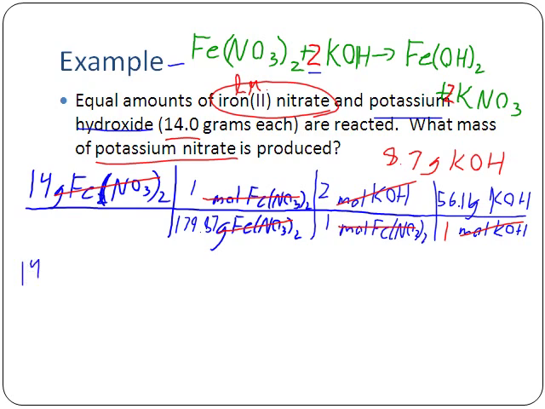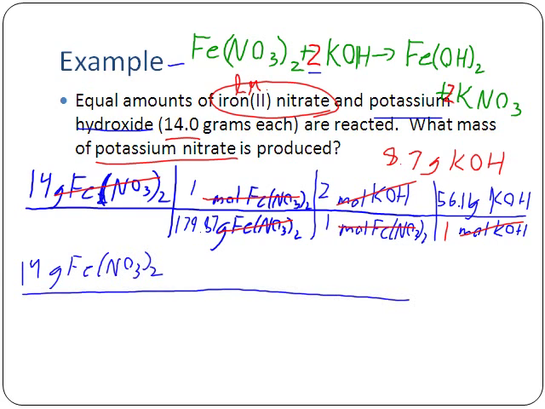So we say 14 grams FeNO3, same as we did before. We're going to convert from grams FeNO3 to moles of FeNO3, because your first step is always to go to moles of what you start with.